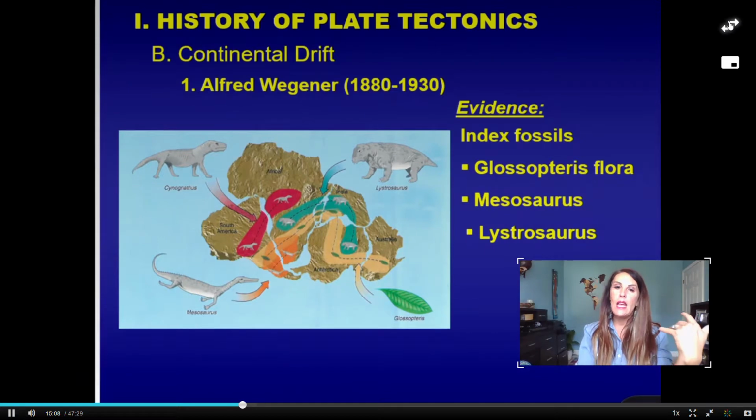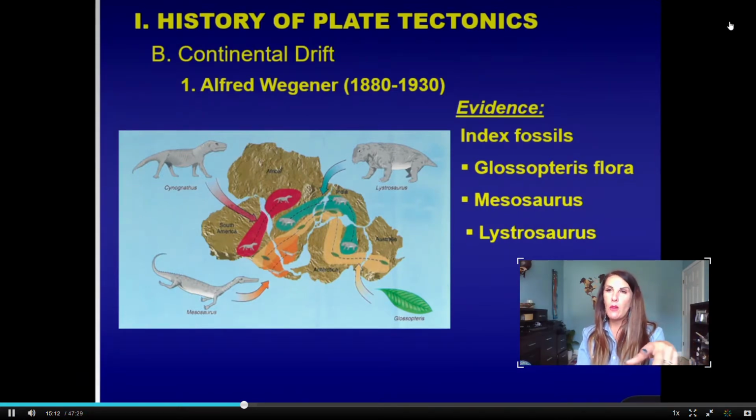The second line of evidence has to do with index fossils. And had we been in class, I'd bring in examples of these. An index fossil, and go ahead and write this down because fossils are going to become very important in terms of historical geology as we move forward. An index fossil is one that is geographically widespread.